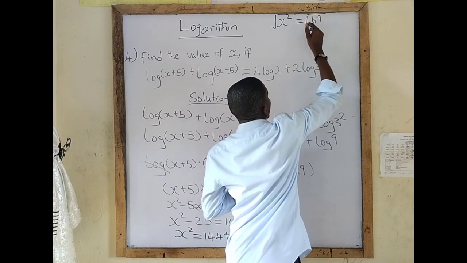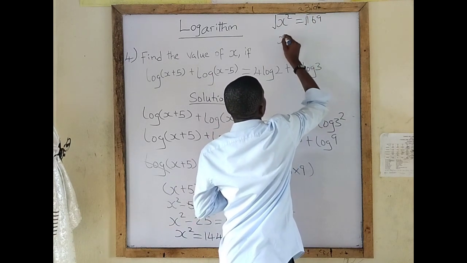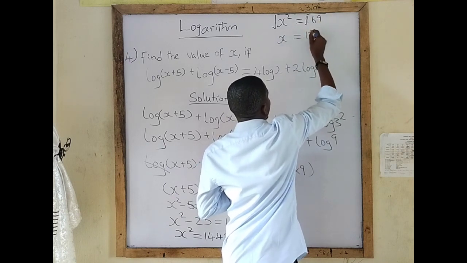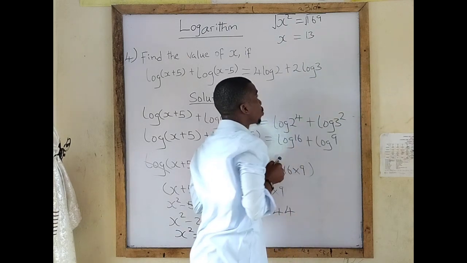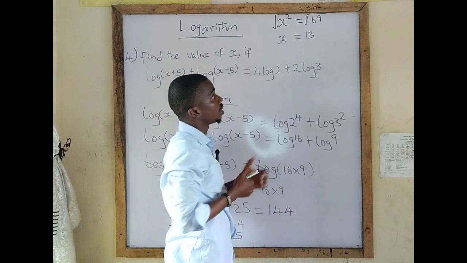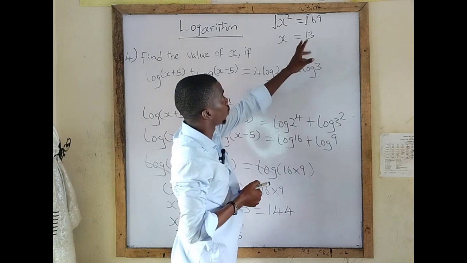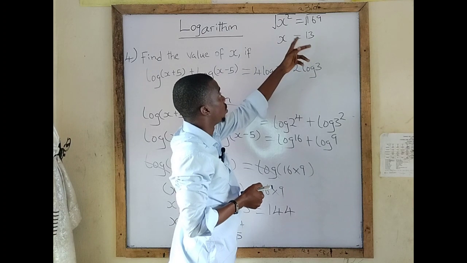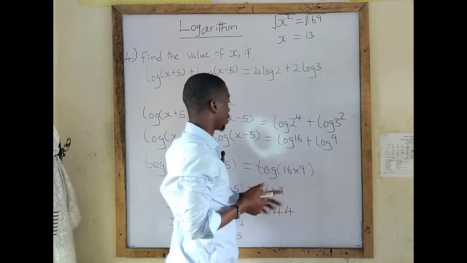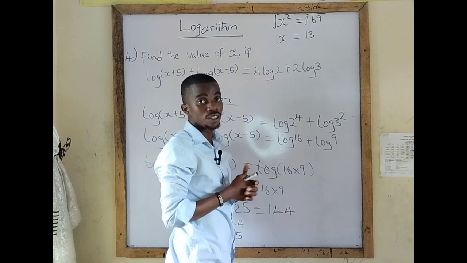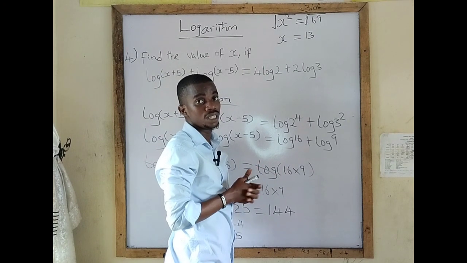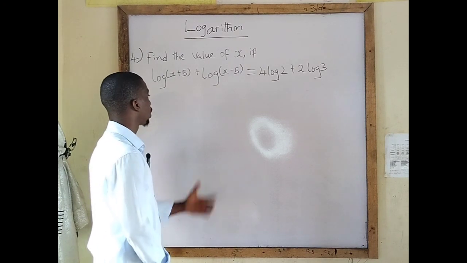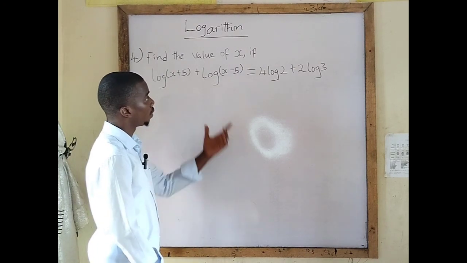We have that x is equal to the root of 169, which is 13. Note we cannot say plus or minus 13, because in logarithm the log of a number can never be negative.